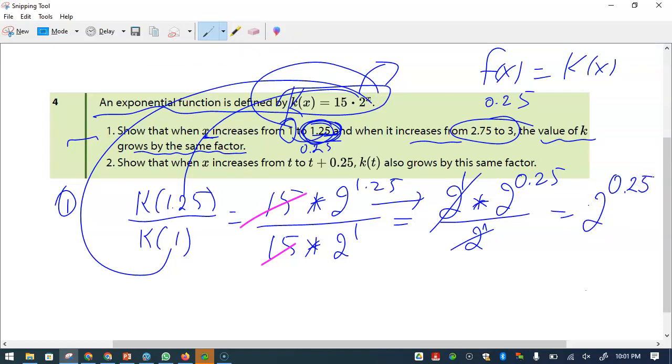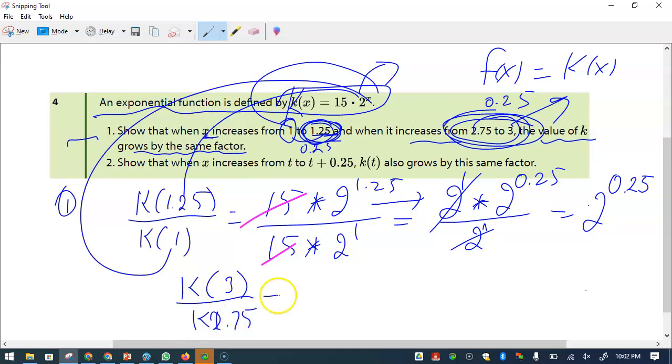And we can check for the second one here also. We'll start with the 3. So you do k of 3 divided by k of 2.75. That will be 15 times 2 raised to 3 divided by 15 times 2 raised to 2.75.